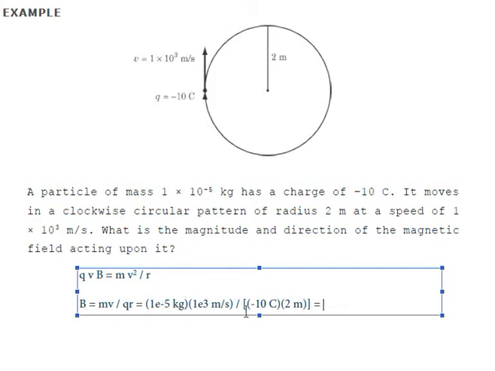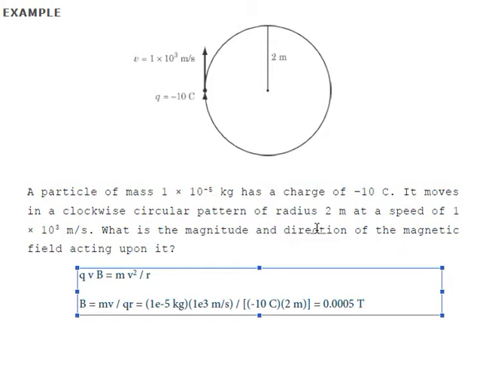So we have 0.01 divided by 10 divided by 2. That gives 5 times 10 to the minus 4 Teslas. This, though, is only half of our answer. We got the magnitude. Now we have to figure out what is the direction.